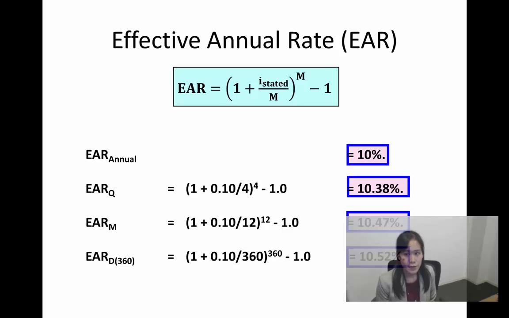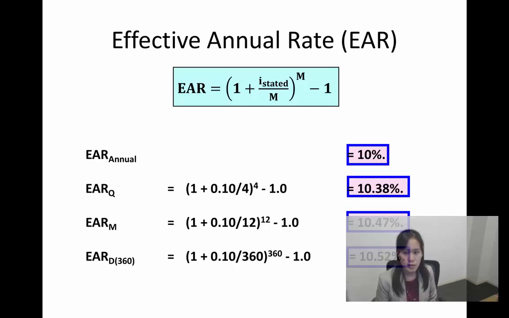Now there's a formula for EAR, and that's given by the box here. It's EAR equals 1 plus the stated interest rate I divided by M, where M is the number of times that the interest compounds within a year, and I is the interest rate for that compounding. And that value is raised to the Mth power minus 1.